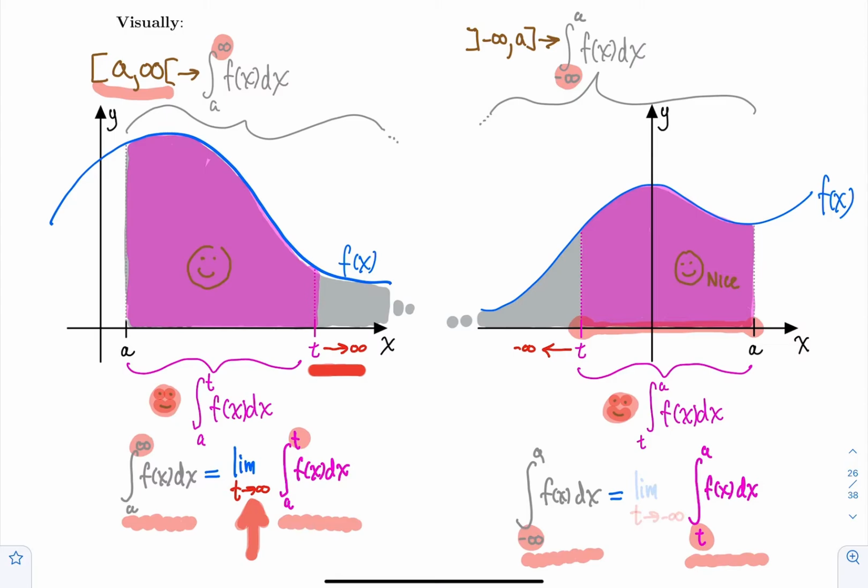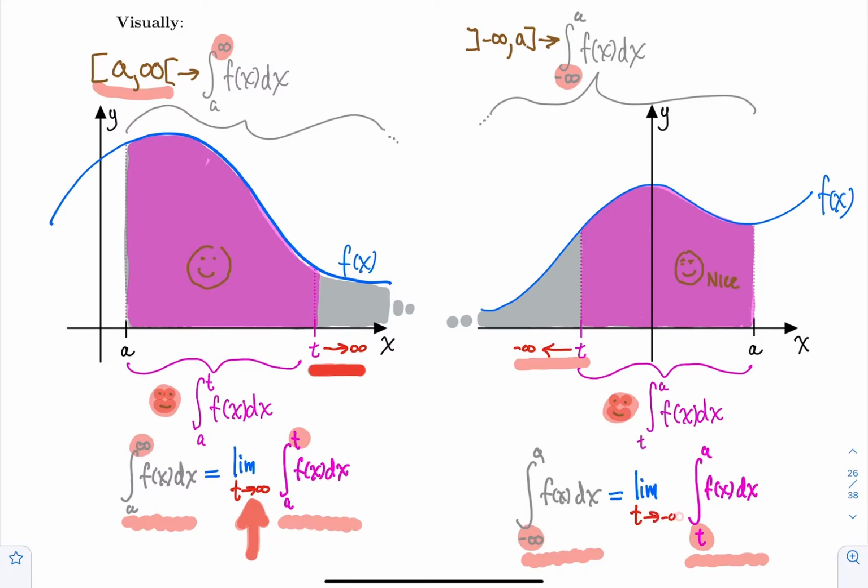Now this is good because this is a definite integral, so we have tools to compute this, in particular, the first fundamental theorem of calculus. But of course, the area of the purple region is not exactly the same as the area of the gray region. So in order to get to that value, we need to push t to minus infinity.